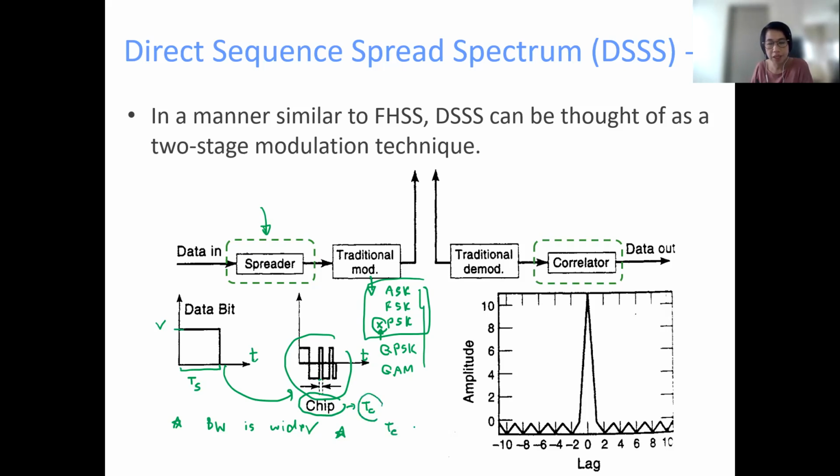So TC is much smaller than TH, and this leads to the bandwidth of the chip being much wider than the bandwidth of the symbol. Do you have any idea why it concludes like that? Any idea?